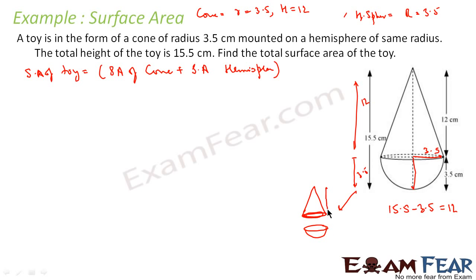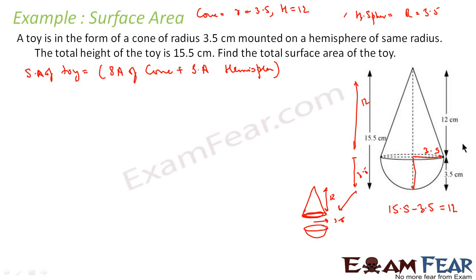And this is 12 height and this radius we know is 3.5. So we have broken this figure into these two parts. And this is the basic part because we know the volume and surface area of cone, we know the volume and surface area of sphere, so we can find the total volume.